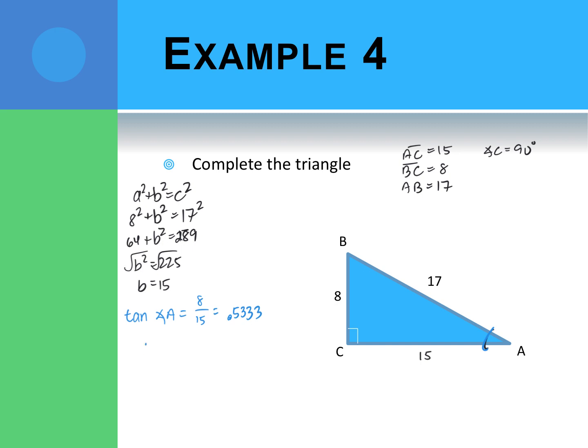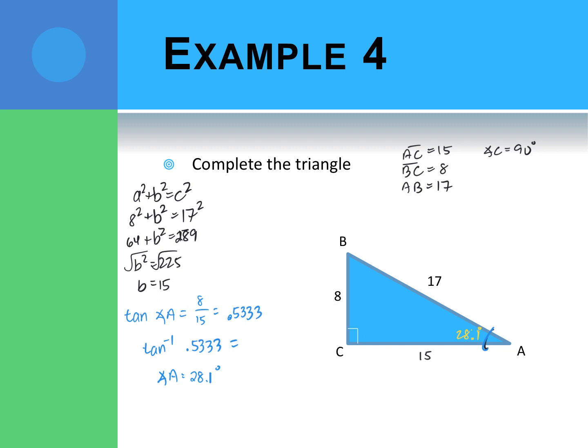So if I want to know the angle measure, I'm going to find the inverse tangent of 0.5333, which equals 28.07 or 28.1 degrees. So angle A is 28.1 degrees.